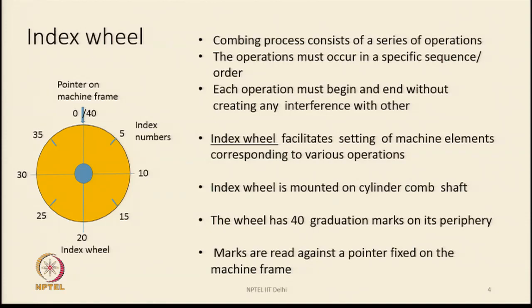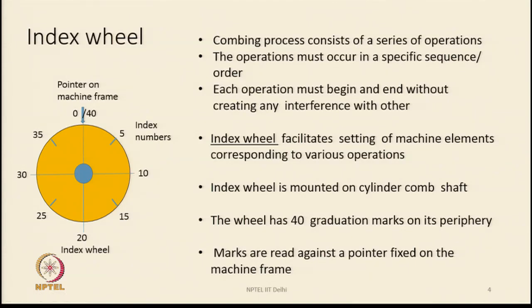The wheel is also mounted on the cylinder comb shaft. So, one revolution of the cylinder comb shaft, or the cylinder comb basically, means one revolution of the index wheel, and the marks are read against a pointer, as you see it here, fixed on the machine frame.